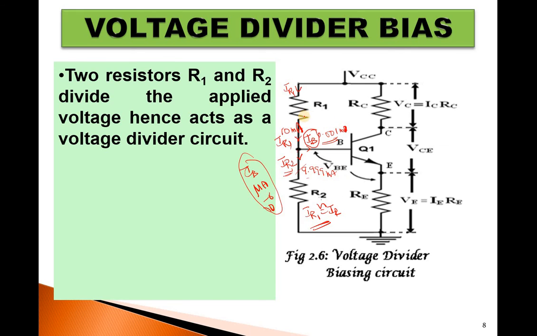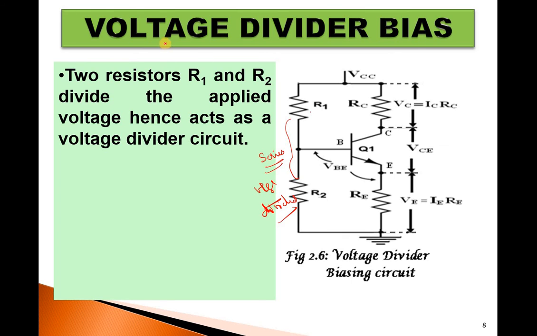When will the current flowing through two resistors be the same? It is when these two are in series. So we assume that R1 and R2 are in series. And also you should remember, in series only voltage gets divided. Hence the name voltage divider bias.